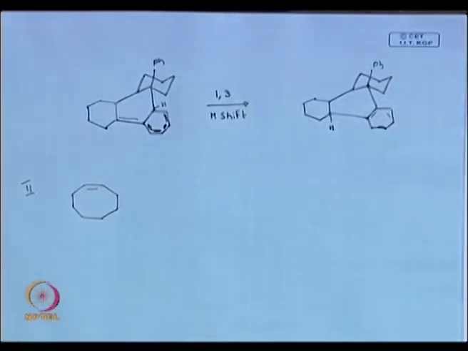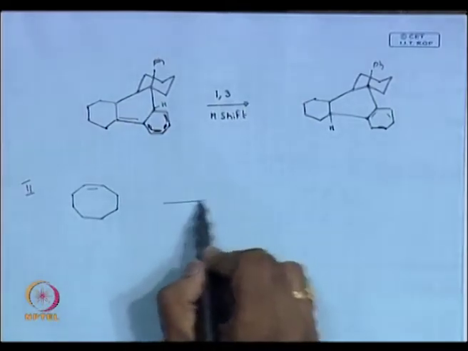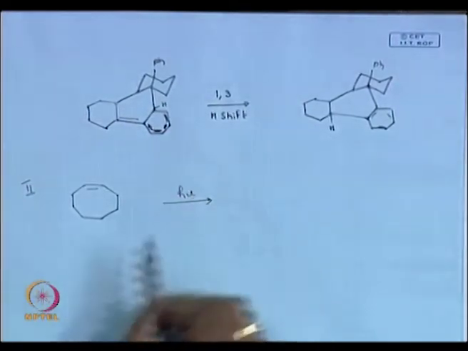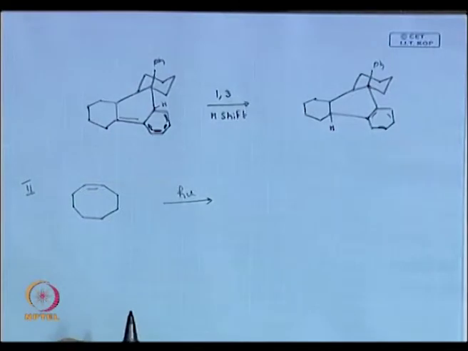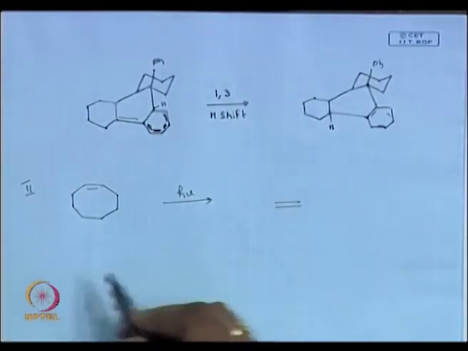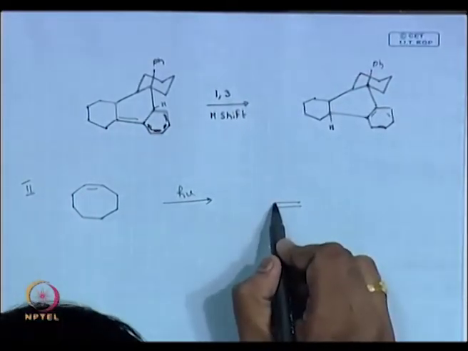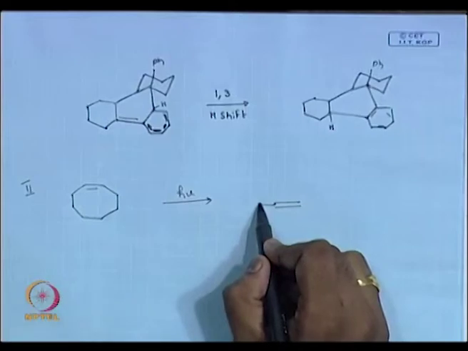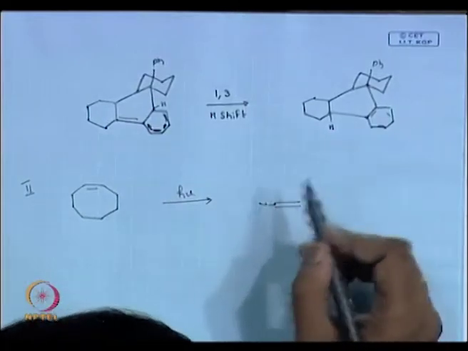a type of 8 membered ring. If I photolyze this, now you know how to write the trans form pretty well. So, just write by yourself.